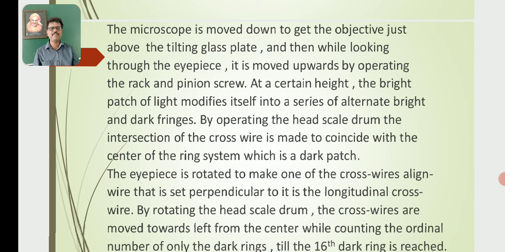With the help of the head scale drum, the crosswire can be moved towards the left, while counting the ordinal number of only the dark rings till the 16th dark ring is reached.